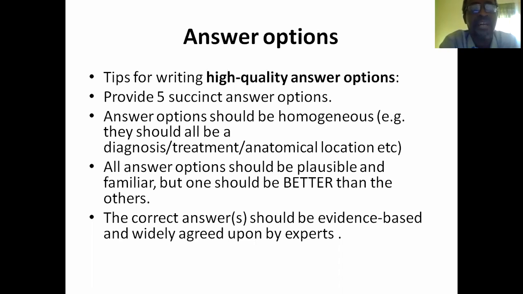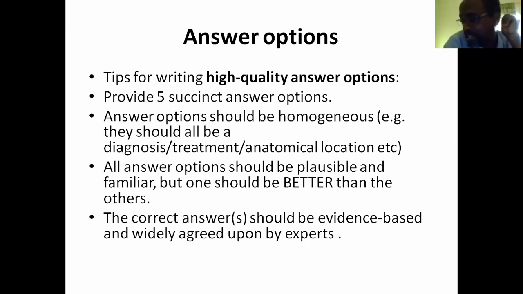Tips for writing high quality answer options. Provide 5 successive answer options. Answer options should be homogeneous: they should all be a diagnosis, treatment, anatomical location, etc. You cannot put one as a diagnosis, the second as a treatment, the third as an anatomical location, the fourth as an operation.